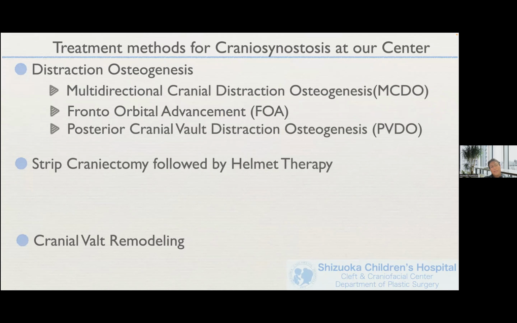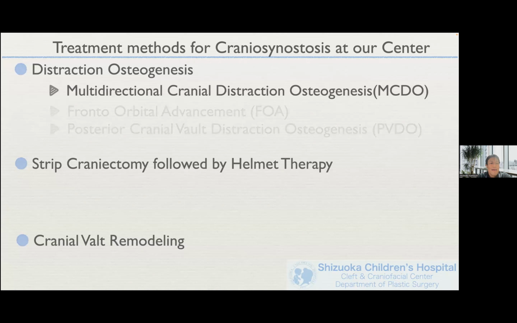And distraction osteogenesis can be classified as fronto-orbital advancement, FOA, posterior cranial vault distraction osteogenesis, PCVDO, and MCDO. At our center, we use 3 methods for surgery: MCDO, strip craniectomy, and calvarial bone remodeling. We choose which method to use based on the patient's condition and when the surgery will take place.